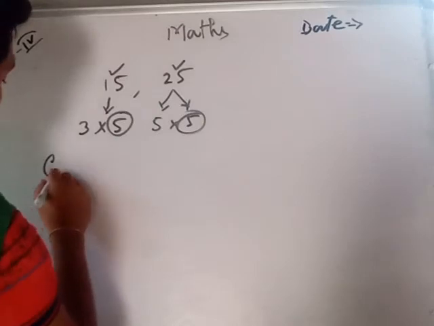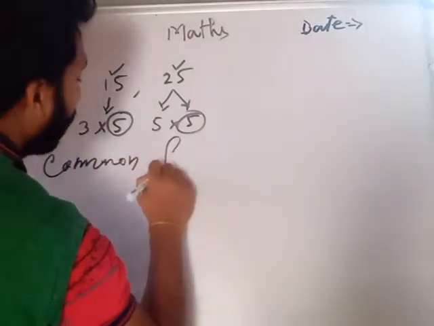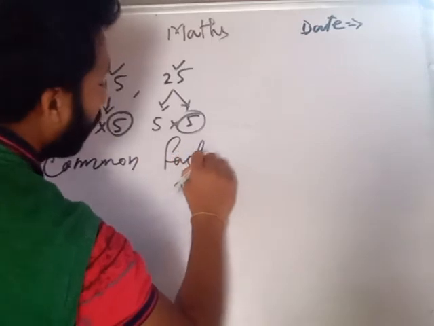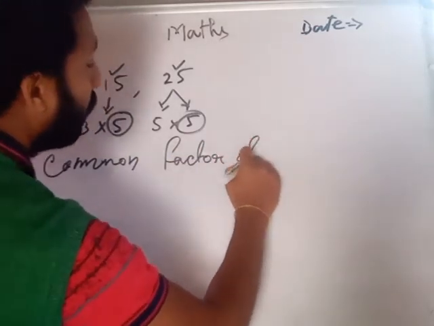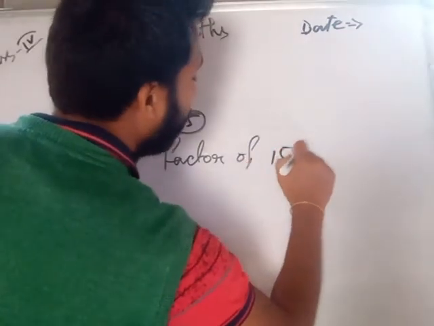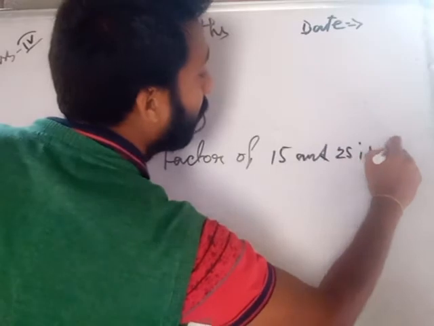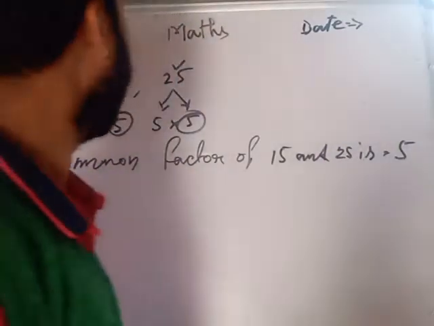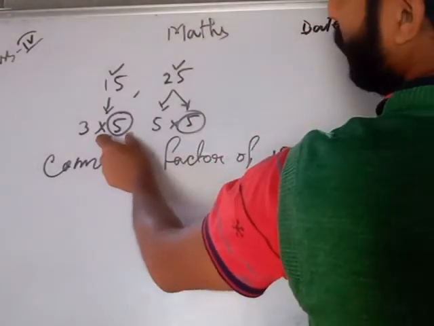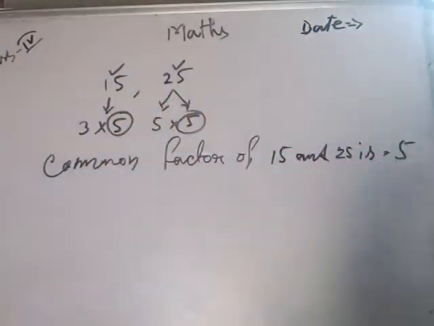Okay, the common factor of 15 and 25 is 5, because 5 is here also and here also as a factor of 15 and 25.